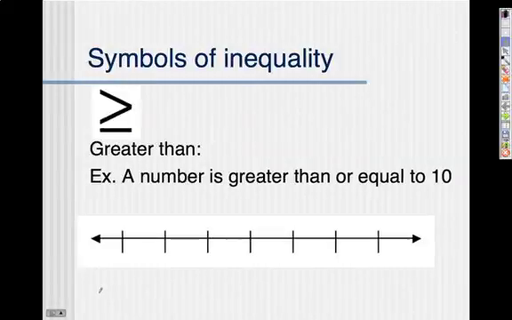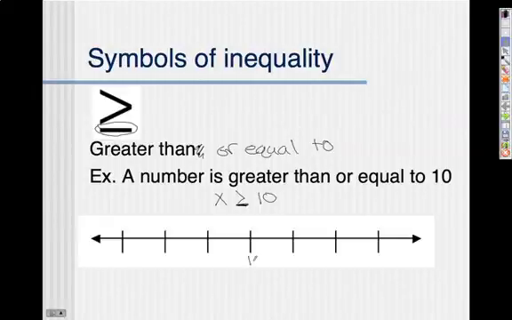Greater than or equal to is going to be the same as less than or equal to. Same thing, this little bar underneath means that we're including our starting point. So a number is greater than or equal to 10. Well, x is greater than or equal to, that's the little bar underneath, 10.